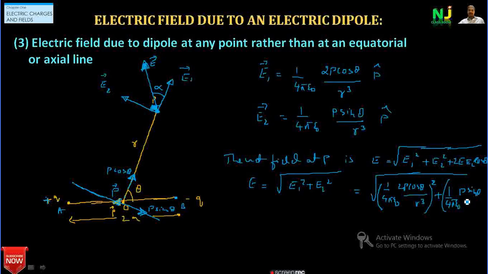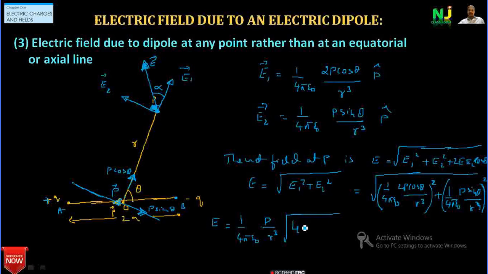Now take the common terms outside. 1 by 4 pi epsilon naught is common, take outside. P by R cube is also common, take outside. Square and square root cancel, no problem. What is left inside the box? 2P, P already taken, so 2 cos theta whole square remains. So it becomes 4 cos square theta plus sin square theta.